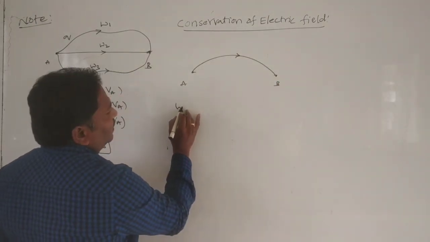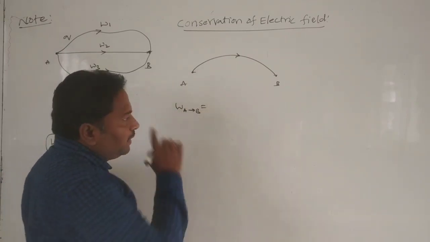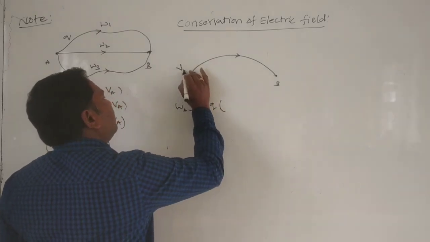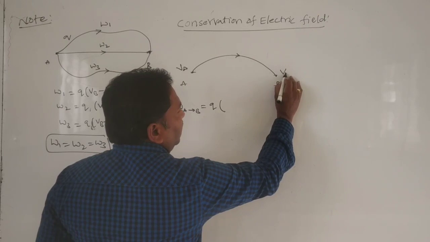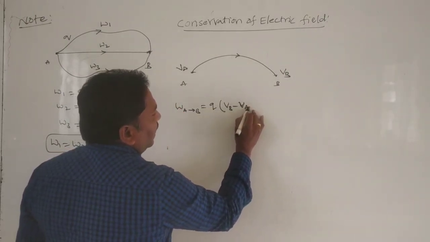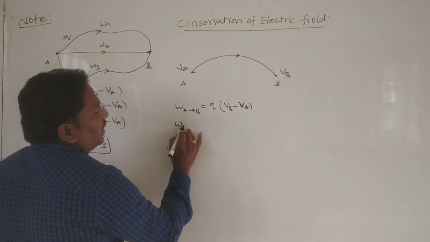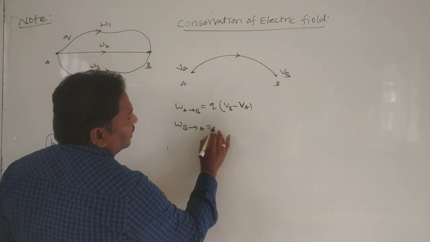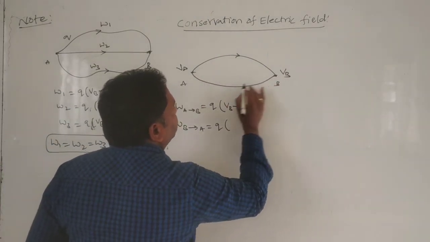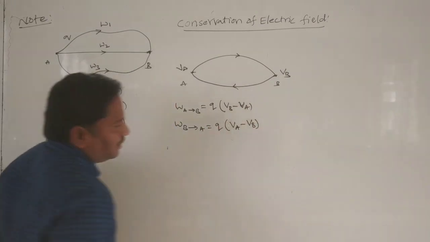So now work done from A to B is Q into VB minus VA. Now what is the work done from B to A? Q into VA minus VB, if you travel from B to A.